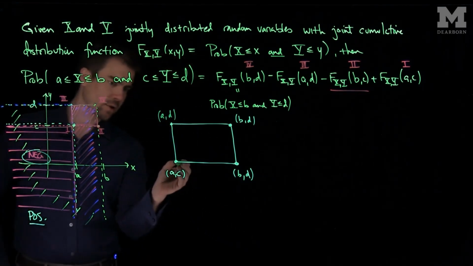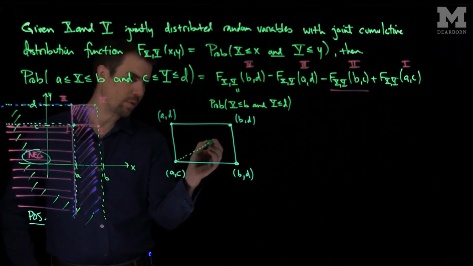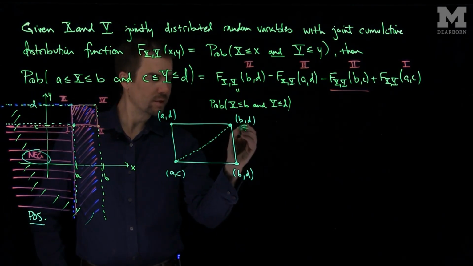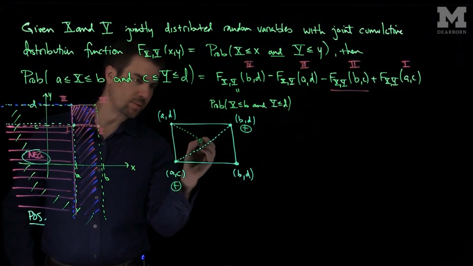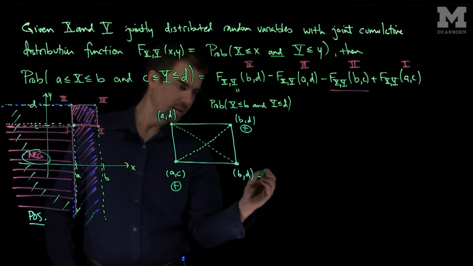If we draw the positive slope line, both those terms get a positive sign. So the positive slope terms get a positive sign, and the negative slope terms get negative signs.